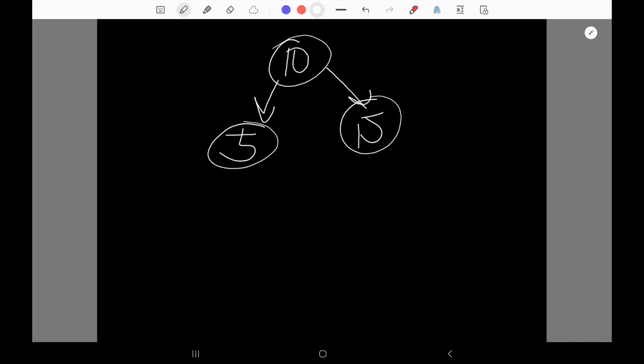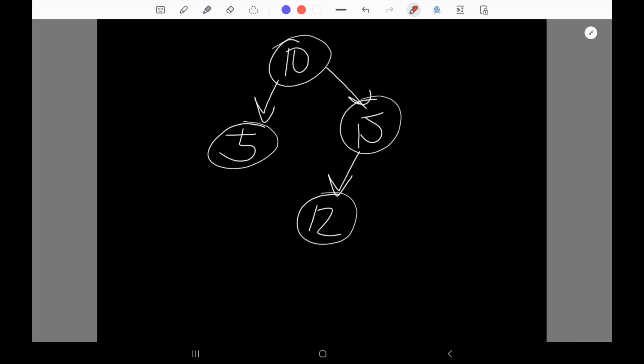and 15 has a left child of 12, and so 12 is the grandchild of 10, right? 12, grandchild of 10.